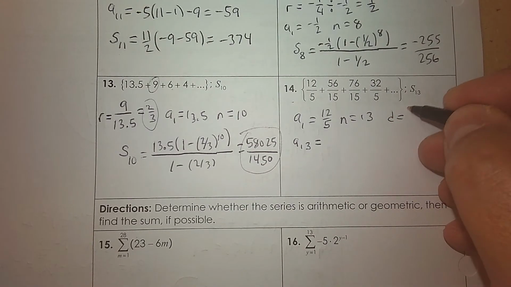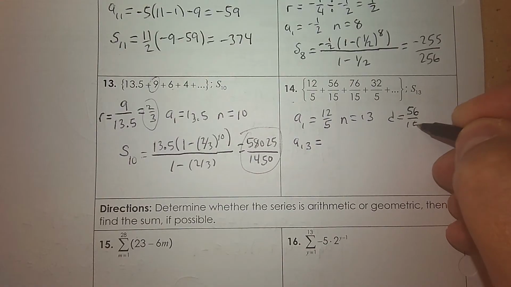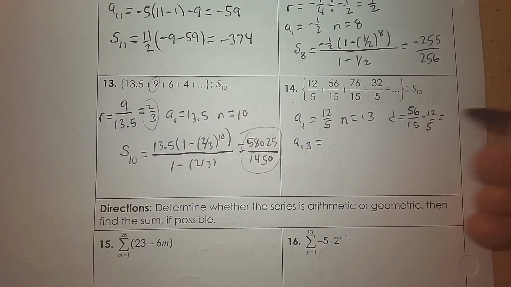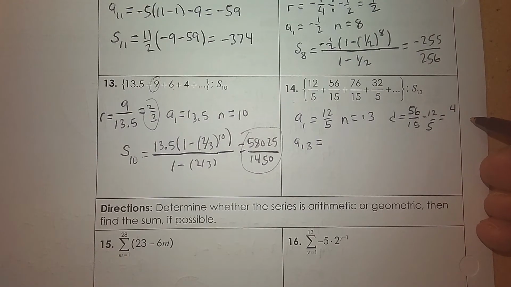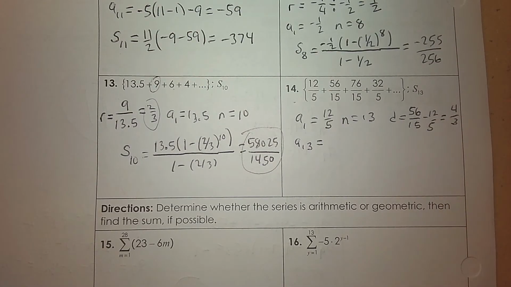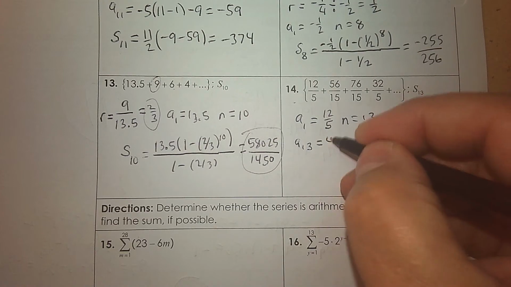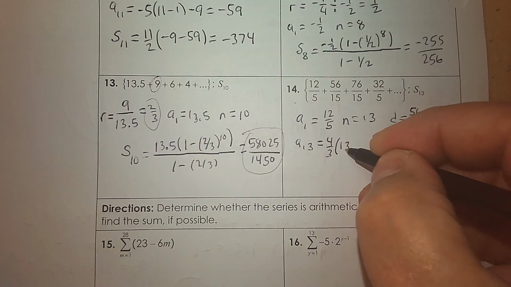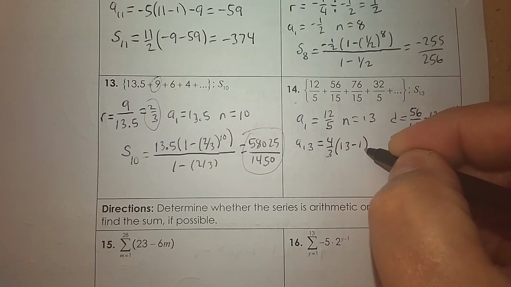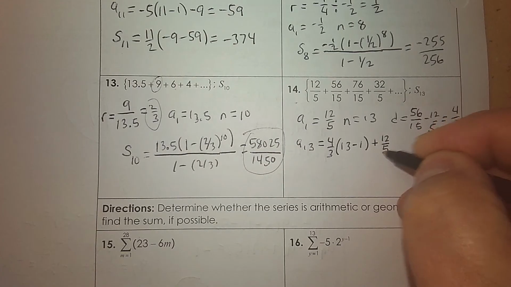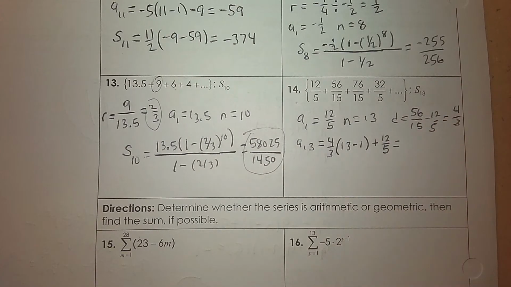So if you went 56 over 15 minus 12 over 5, what was that answer? I agree with you. So it would be 4 over 3, and then it would be 13 minus 1 plus 12 over 5. Is that right? What's the 13th term?